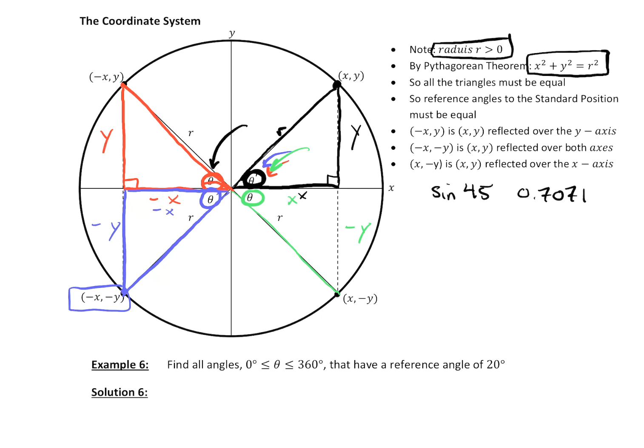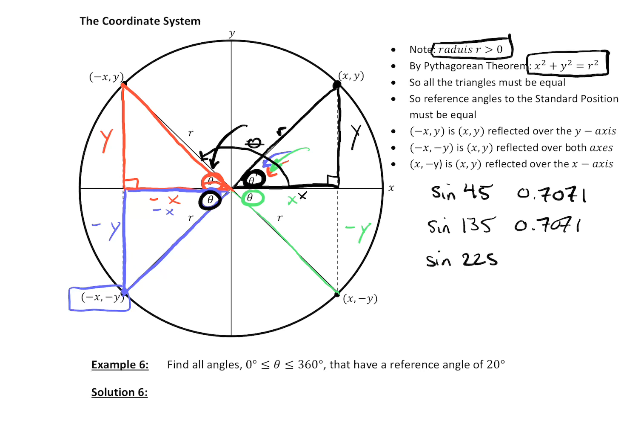The value of sine of this angle would be 180 minus 45, which is 135. So sine of 135 is also 0.7071.